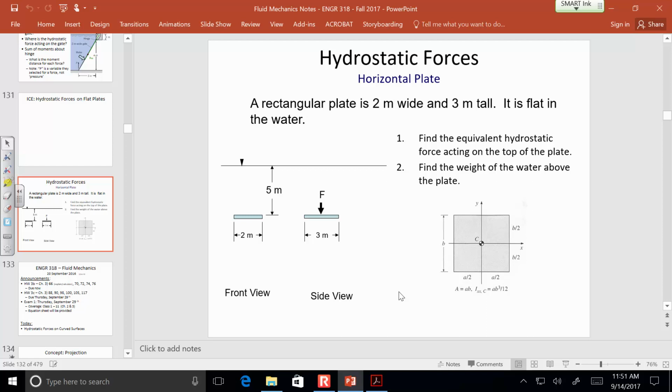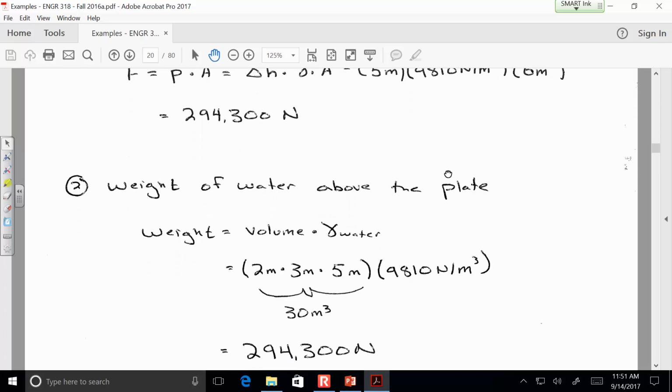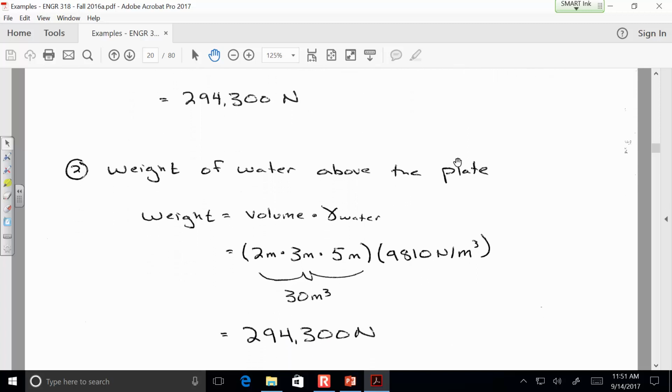So there's some volume of water that's above this, and it just so happens, not coincidentally, that the weight of the water above the plate is equal to that hydrostatic force that we calculated by finding the pressure at a depth and multiplying it by the area. So the two are equal.